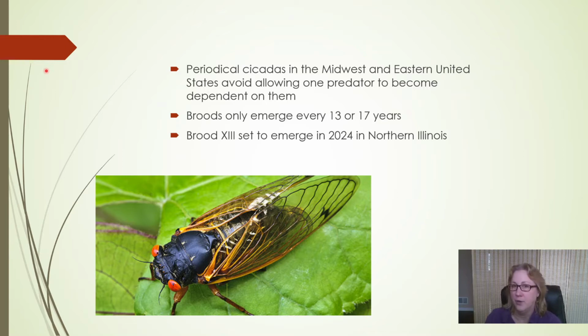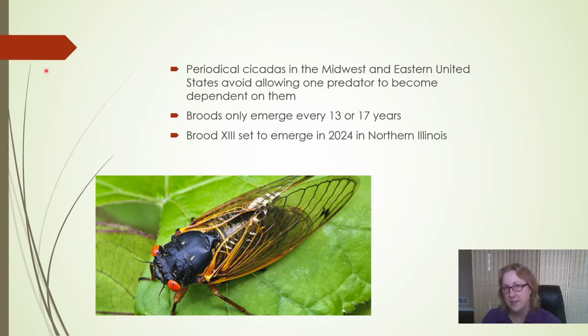Here in northern Illinois, we have 3 species of 17-year cicadas that, even though they're 3 different species, they all emerge together. One emergence might be 1, 2, or 3 species, and they call them broods, and they all have Roman numerals, so we can talk about what year they're due.